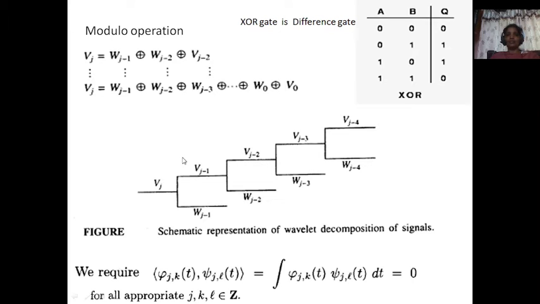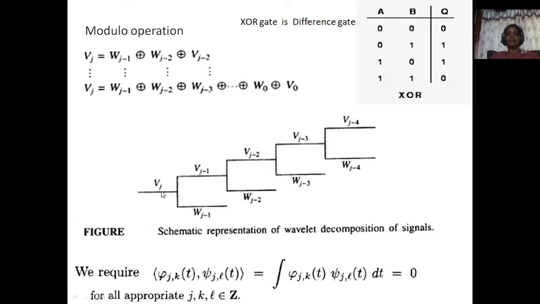Similarly, here what we said: Vj space is the upper space, Vj-1 is the lower space, Vj-2 is lower as compared to Vj-1. Vj is a superset of Vj-1, Vj-1 is a superset of Vj-2, Vj-2 is a superset of Vj-3, Vj-3 is a superset of Vj-4.